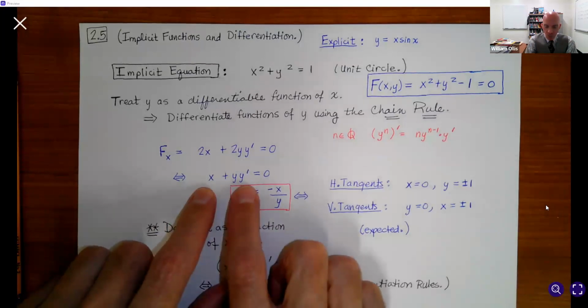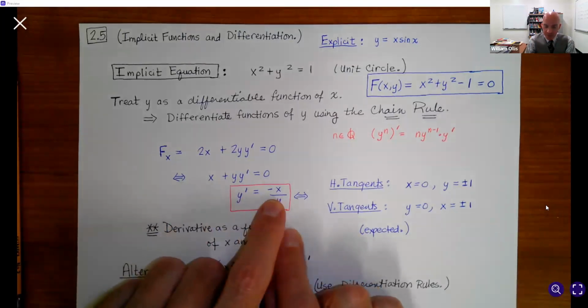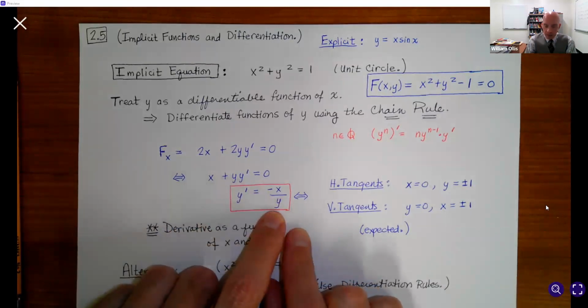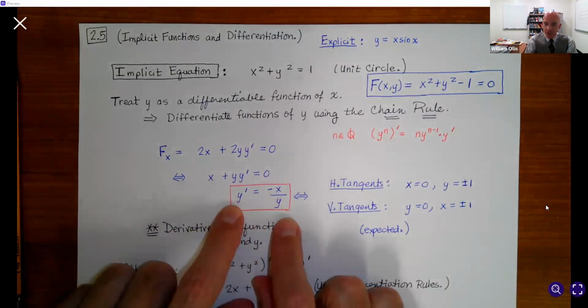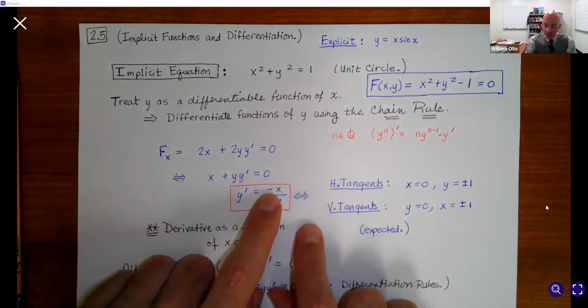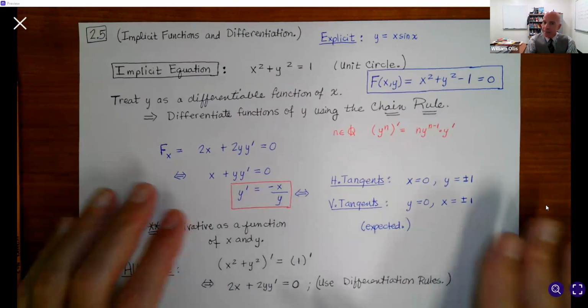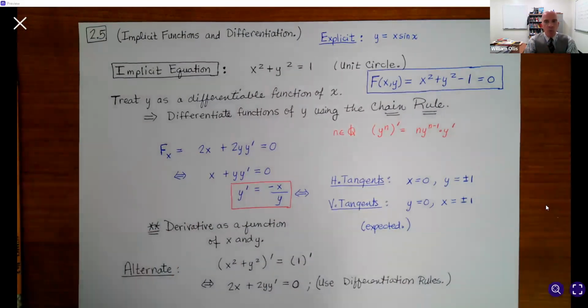And then at this point, we can just move the x to the opposite side and divide by y, of course, assuming no division by 0. So now, basically, we have algebraically solved for y prime, and we get the expression, the additive inverse of x divided by y.